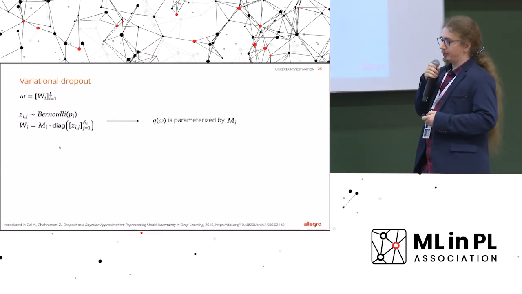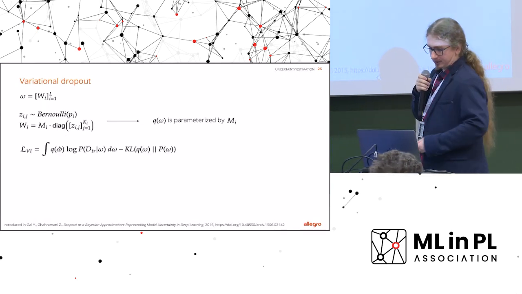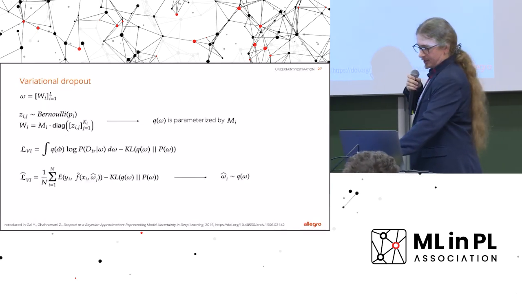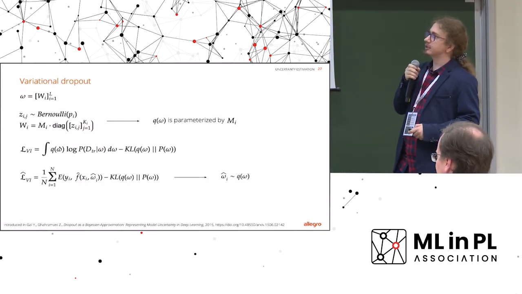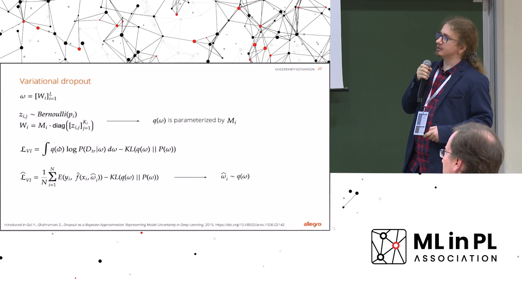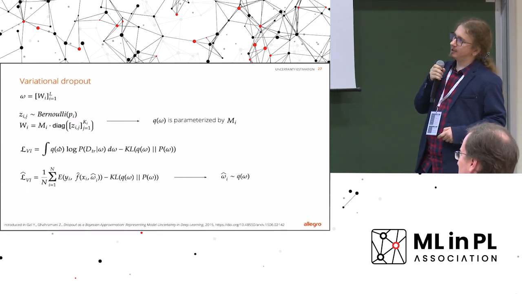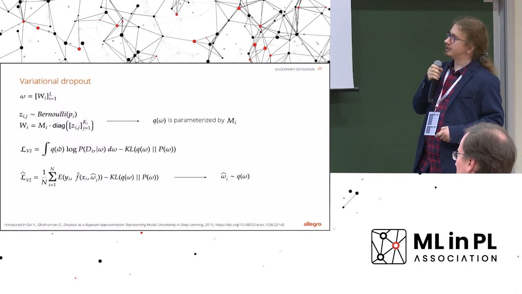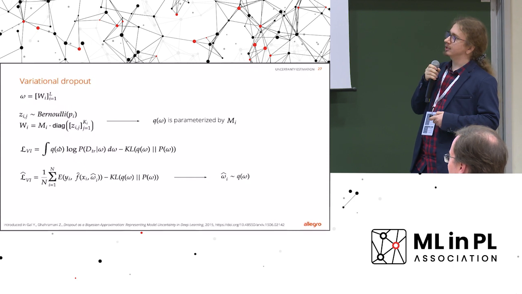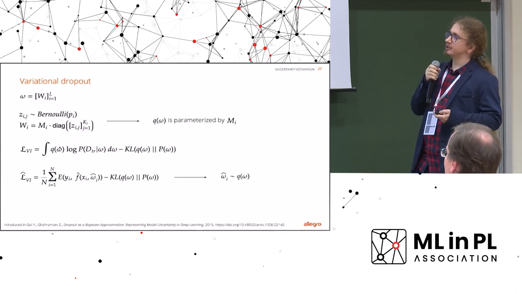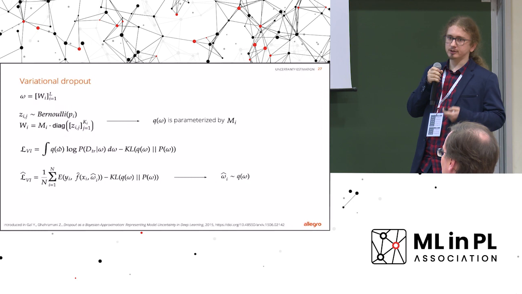So now when we go back to our variational lower bound and do Monte Carlo integration of this integral here, we get this term, which is the model error. And here Wi hat are model parameters sampled from this variational distribution. So these are model parameters from a network with dropout enabled.